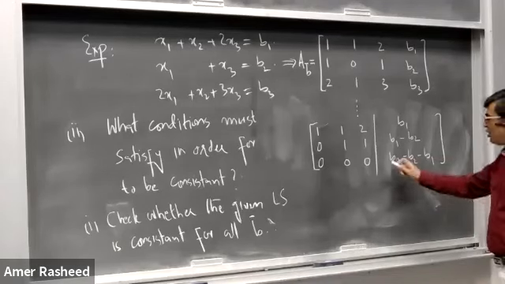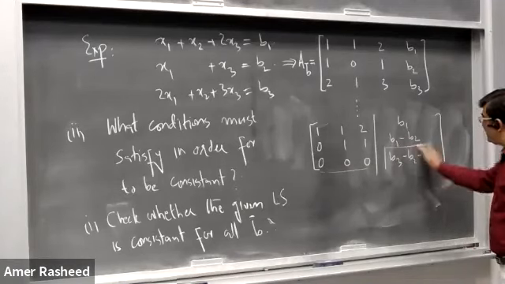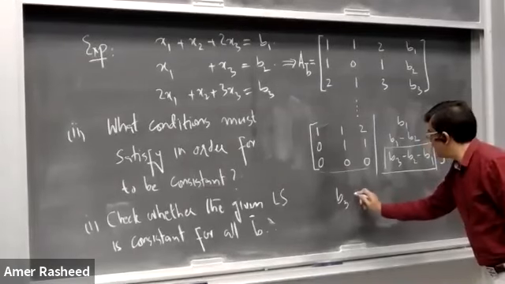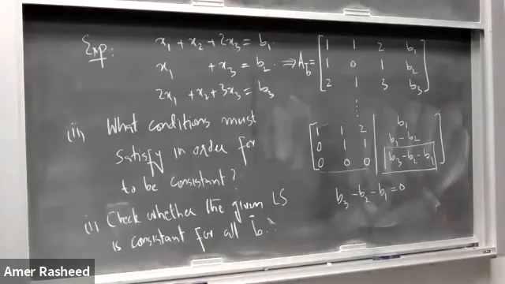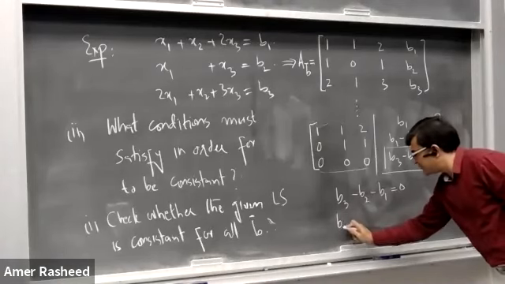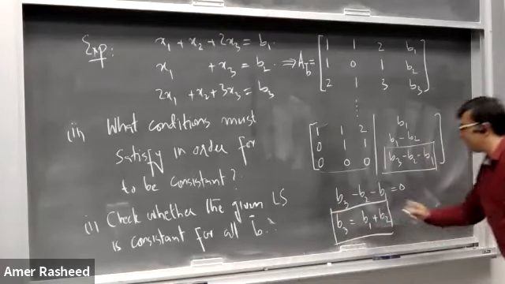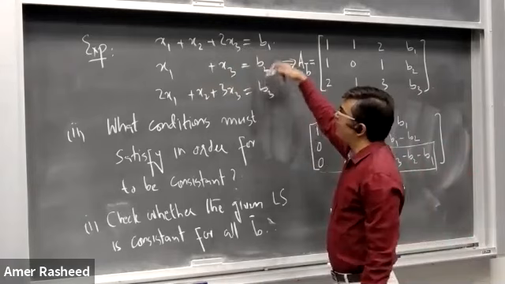In short, if the last row is 0, then the right-hand side must also be 0. Otherwise, you will have an inconsistent system. So this right-hand side must be zero as well in order to get a consistent linear system, in order to get at least one solution. So B3 should be equal to B1 plus B2. This is the condition which B1, B2, and B3 satisfy so that this linear system will become consistent. I hope you get it.